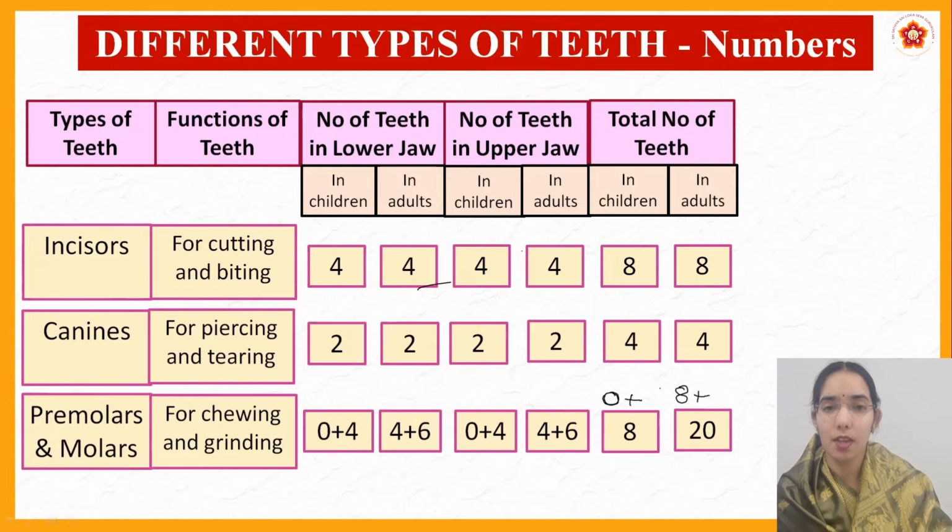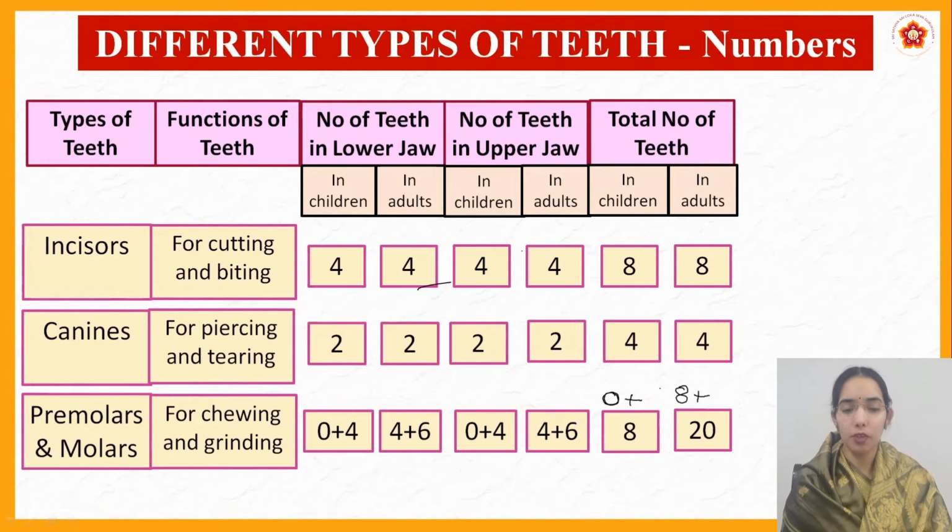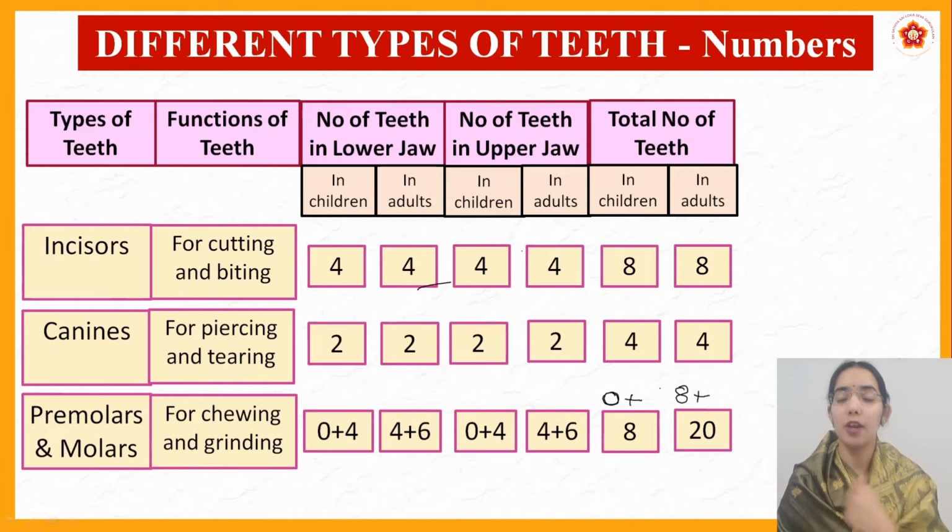Now let's talk about molars. In children, there are 2 molars on the left side of the lower jaw and 2 molars on the right side of the lower jaw. So how many molars are there in the lower jaw in children? So 4.